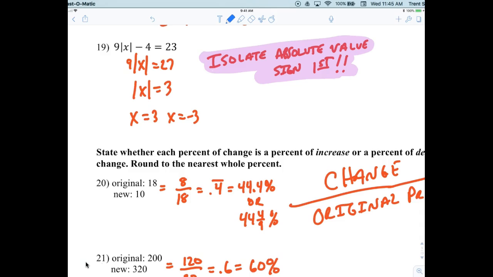So the first thing I have to do is isolate it by adding 4 to both sides, and then divide by 9. So the absolute value of x is equal to 3. And now x could equal 3 or negative 3.